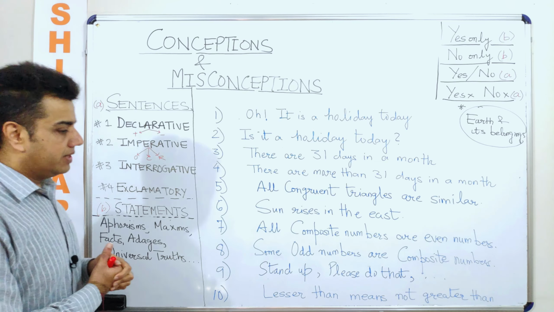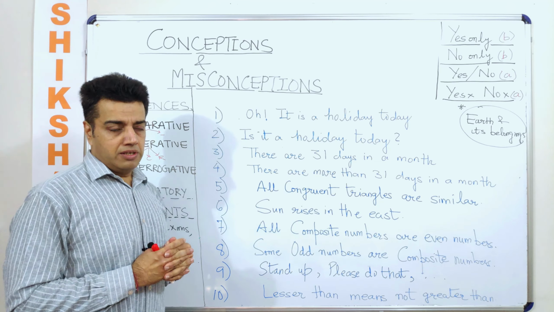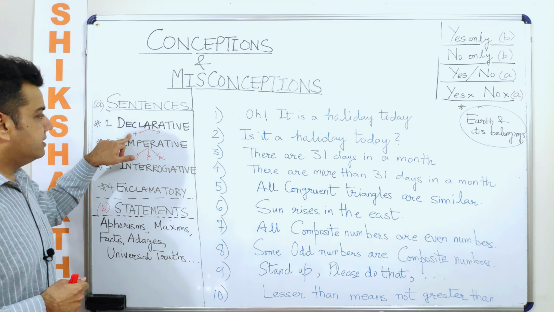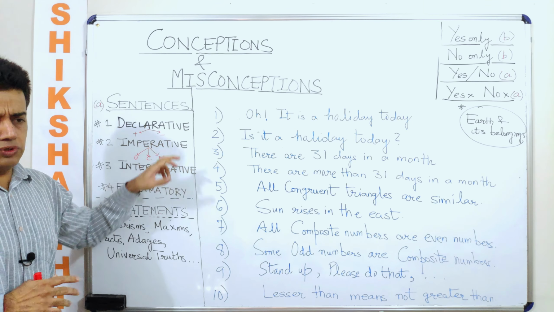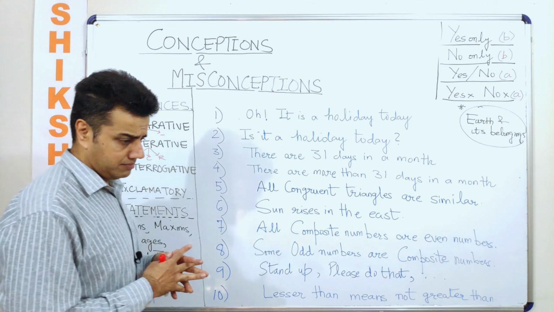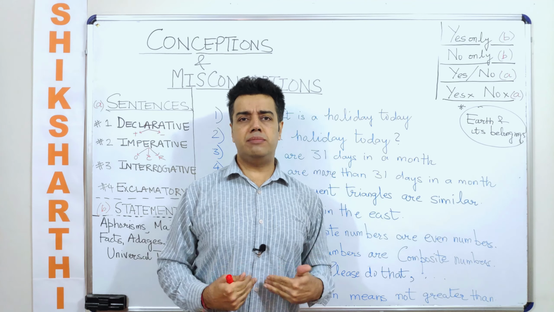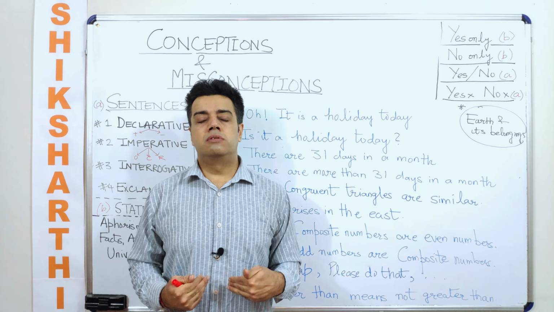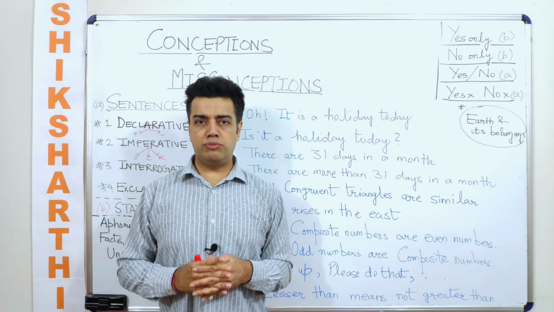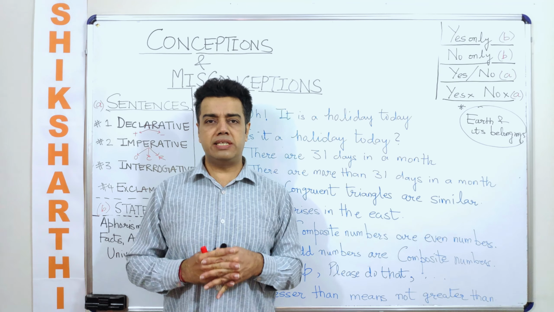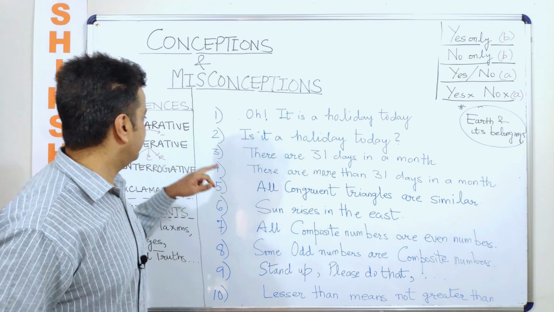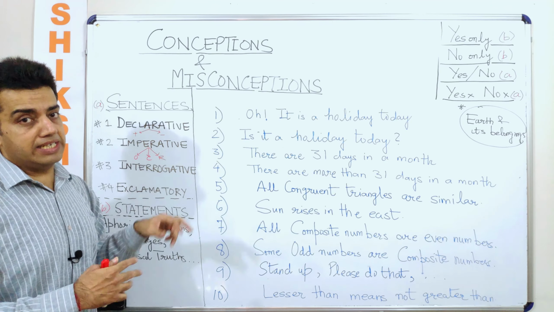Declarative can be further divided into two parts, wherein positive declarative sentences, negative declarative sentences. What is declarative? When I declare something. For example, if I say my name is Anant, this is a positive declaration. But the moment I say my name is not Anant, that becomes a negative declarative statement or a sentence.